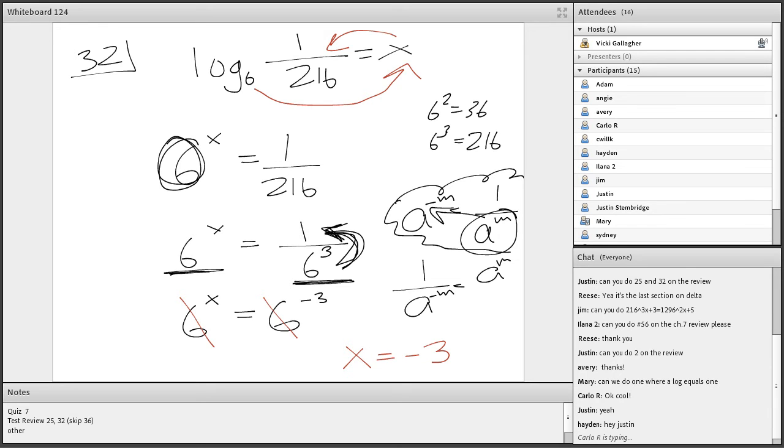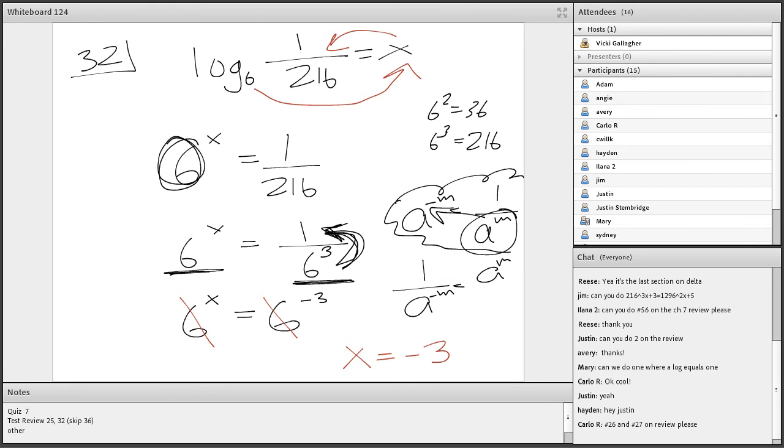Can we do one where a log equals what? Do you mean like the log of 1? Or... Okay, I need to just stop looking for that.